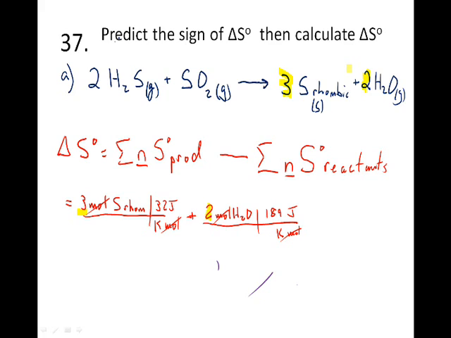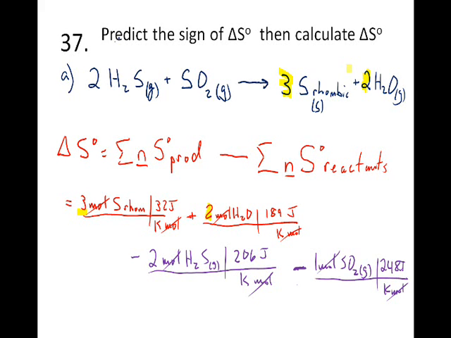Then we're going to subtract 2 moles of H2S times their entropy. And we're also going to subtract 1 mole of SO2, because that's how many there are. Notice we're subtracting both of these. You could add them together and subtract the total, or you can subtract them one at a time as you're going through here, whichever works best for you.